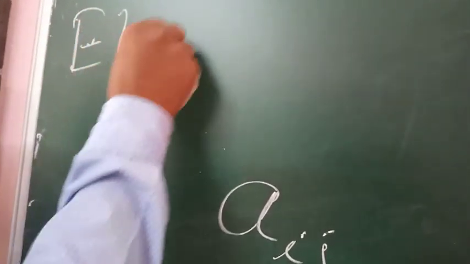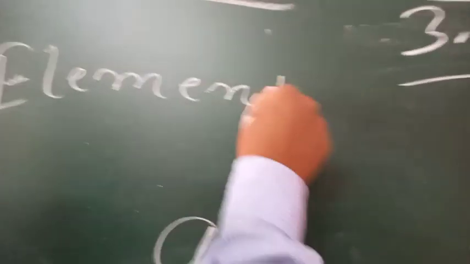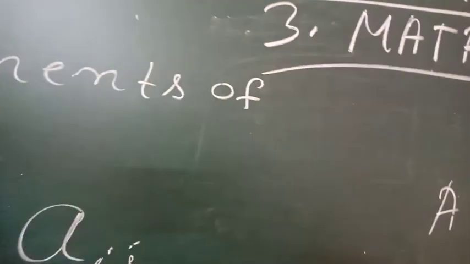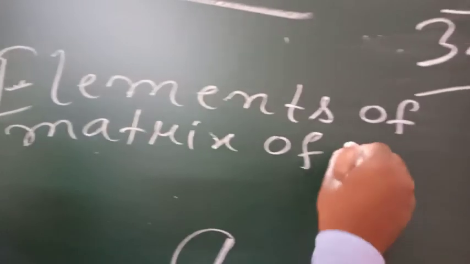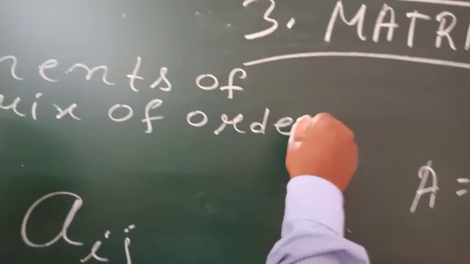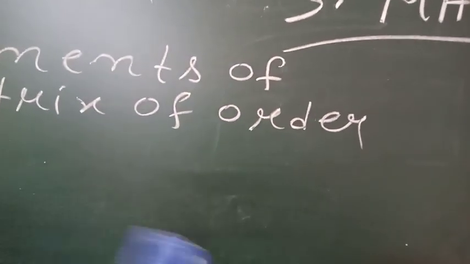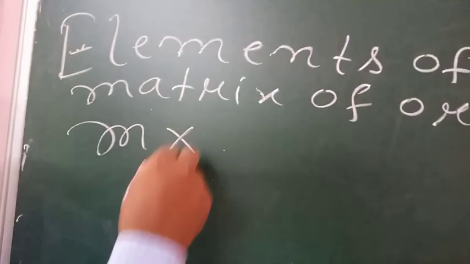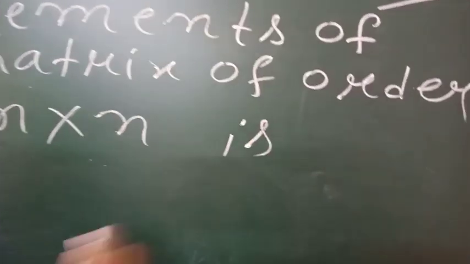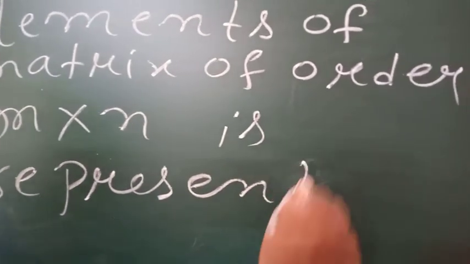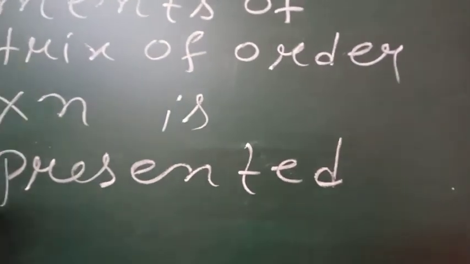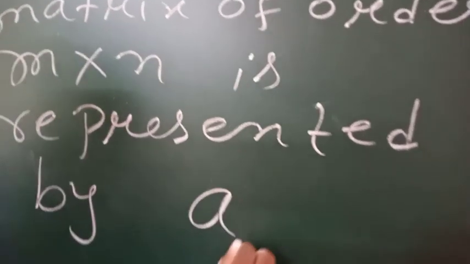The elements of a matrix of order m by n are represented by Aij.